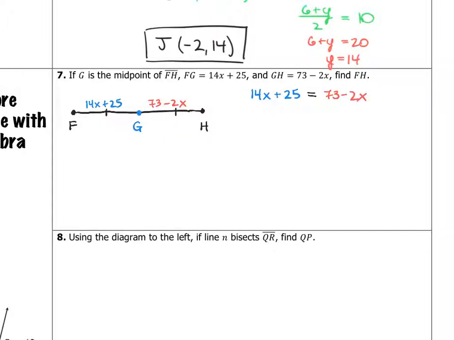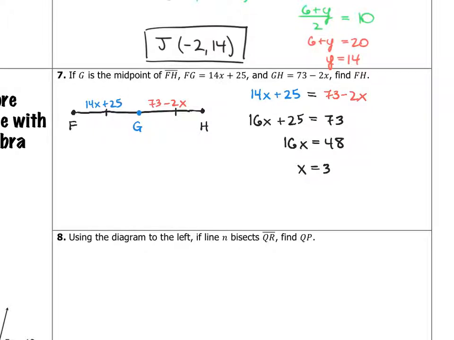So let me add 2x to both sides. That gives me 16x plus 25 equals 73. Subtract 25 from both sides to get 16x equals 48, and then divide by 16 to get x equals 3.